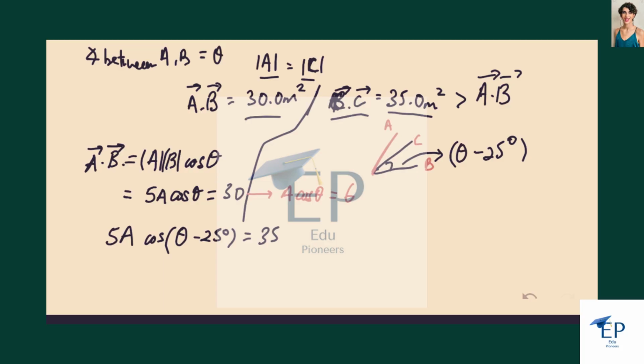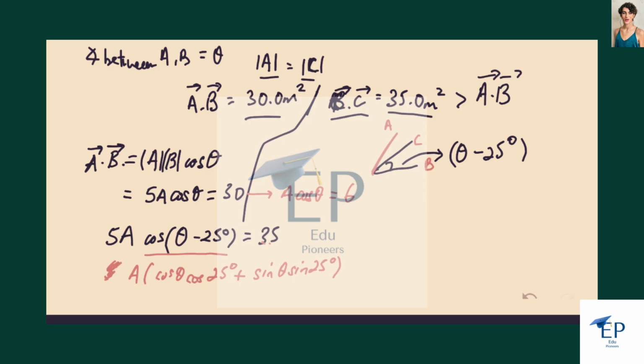And from our second equation, we're going to use the addition rule for trigonometry and separate out this trigonometry over here, and of course dividing 5 over to the right hand side at the same time. So A times sine theta cosine 25, right, so this is the addition rule.